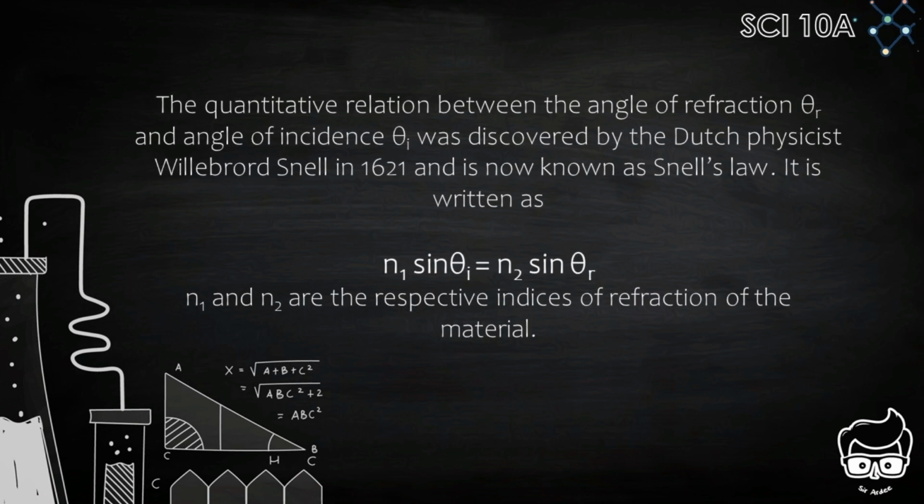The quantitative relation between the angle of refraction, or theta sub r, and angle of incident, or theta sub i, was discovered by the Dutch physicist Wilbrod Snell in 1621 and is now known as Snell's law. It is written as n sub 1 sine theta sub i is equal to n sub 2 sine theta sub r. N sub 1 and n sub 2 are the respective indices of refraction of the material.